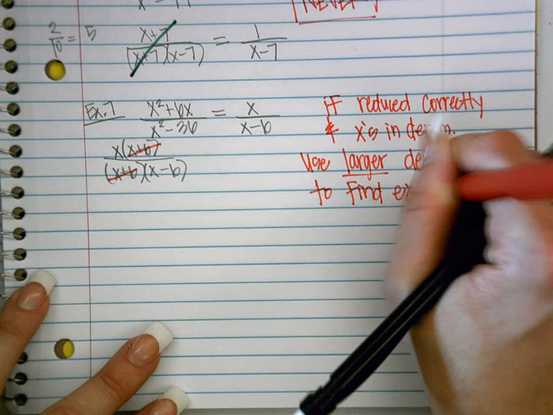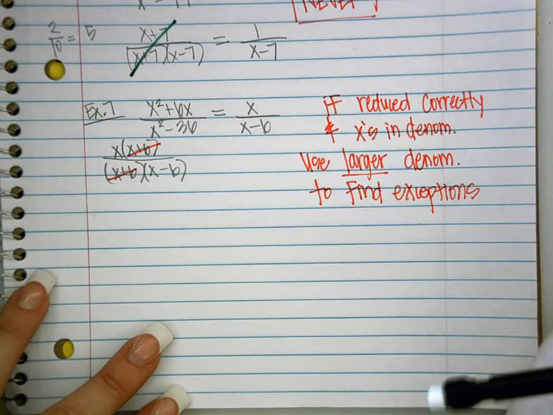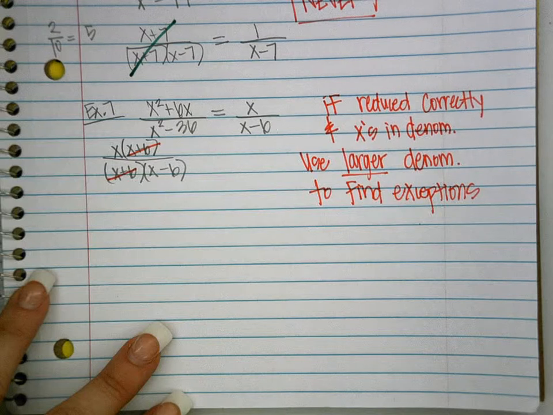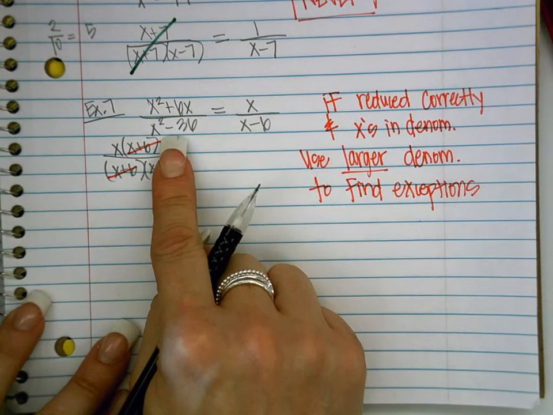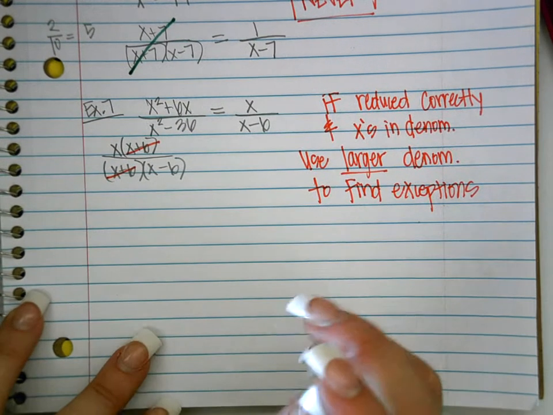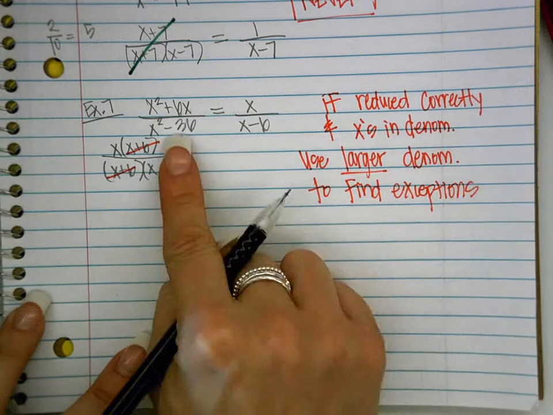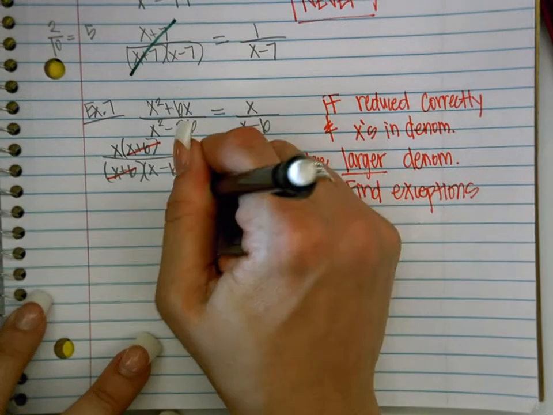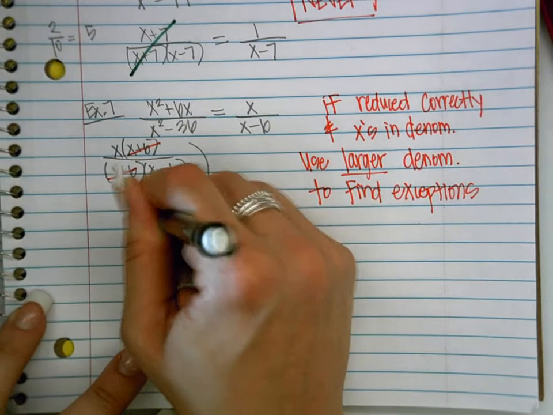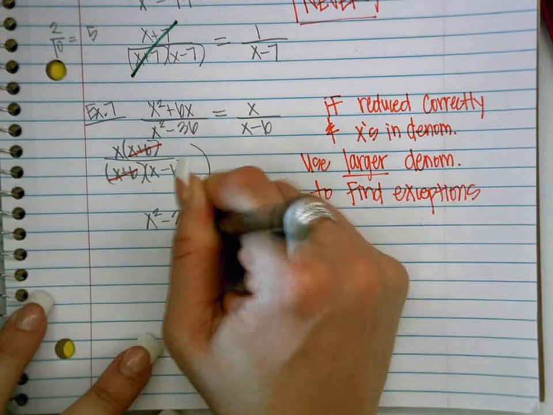Okay, it's just like domain. So how would you find the exceptions here? Which one is the larger denominator? The x squared minus 36 or the x minus 6? The x squared. So you would set this not equal to 0 to find your exceptions.